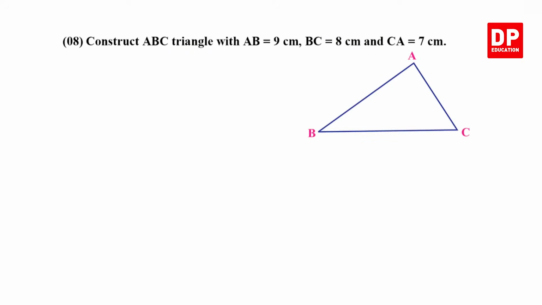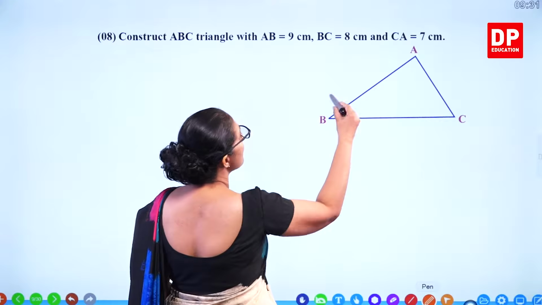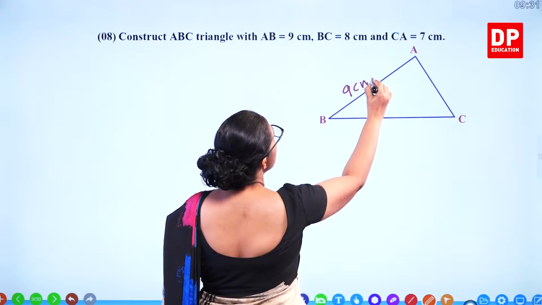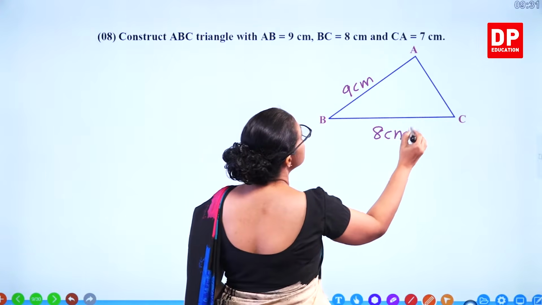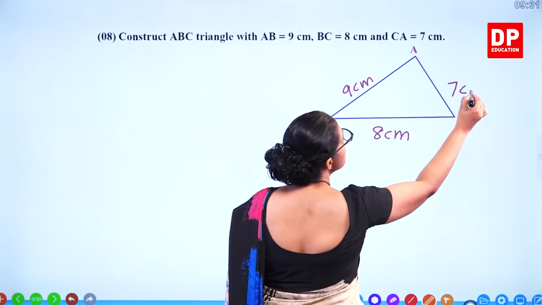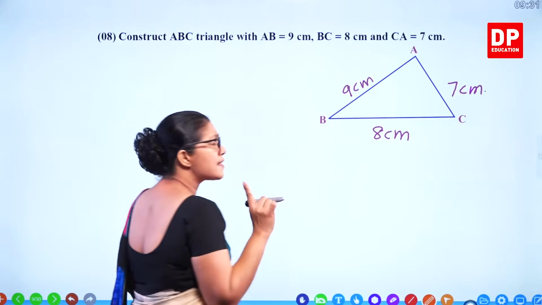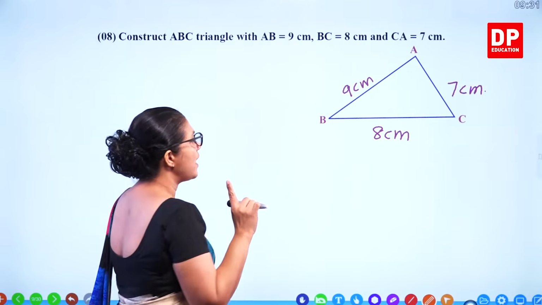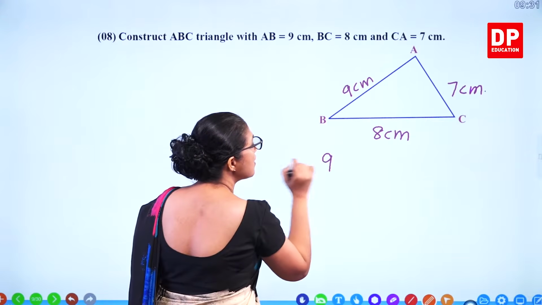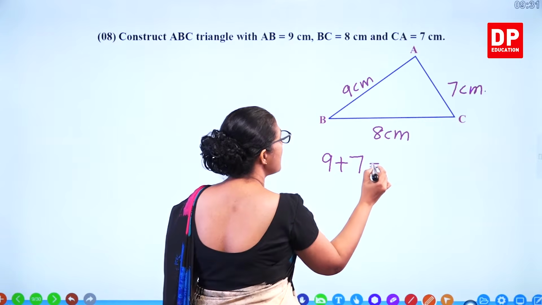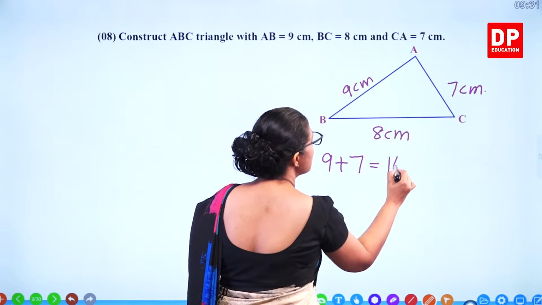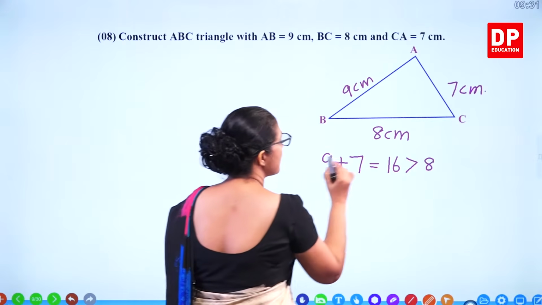Construct triangle ABC with AB 9 centimeters, BC 8 centimeters and CA 7 centimeters. So what's the first step? You can check whether you can construct it. Any two sides, 9 plus 7, 16. That's greater than 8.